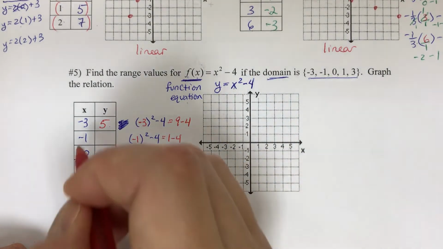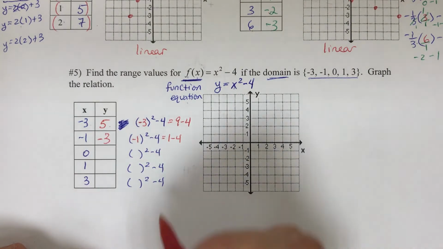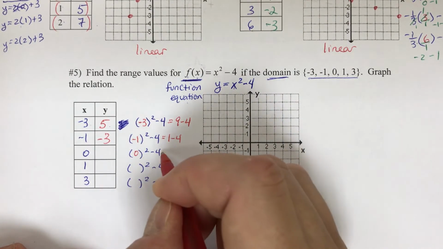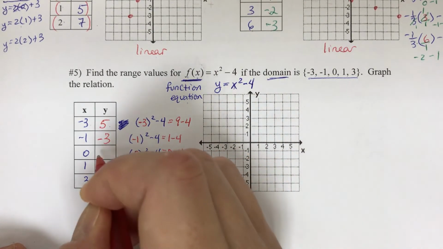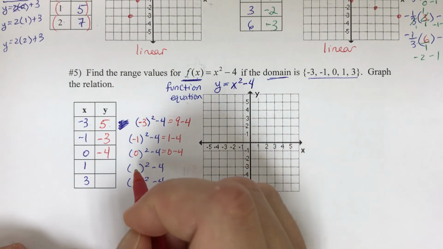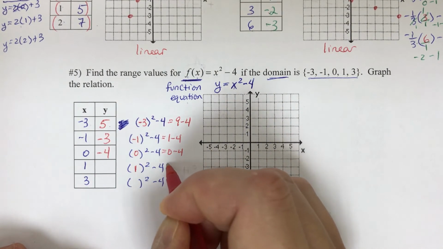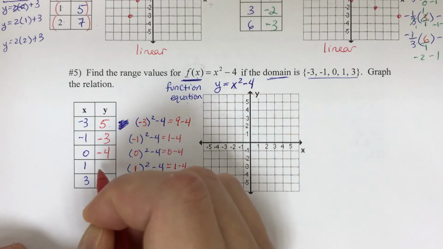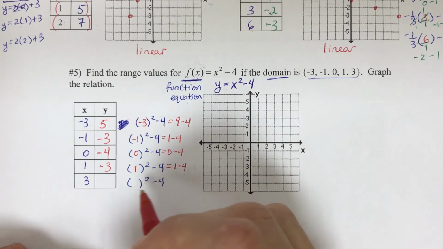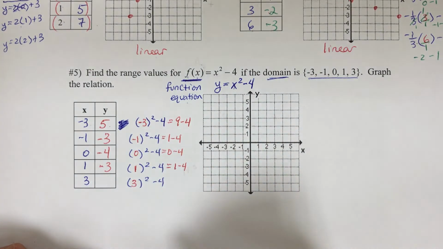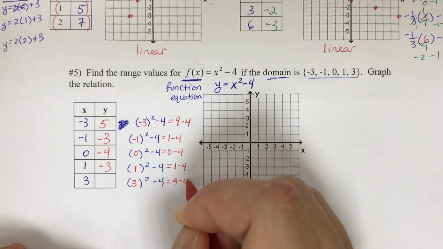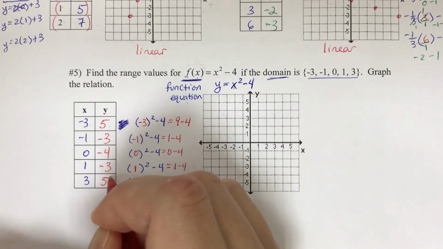Minus 4, that's -3. 0 squared is just 0. Subtract 4 is -4. 1 squared is 1. Minus 4, that's -3. And 3 squared is 9. Minus 4, and that gives us positive 5.